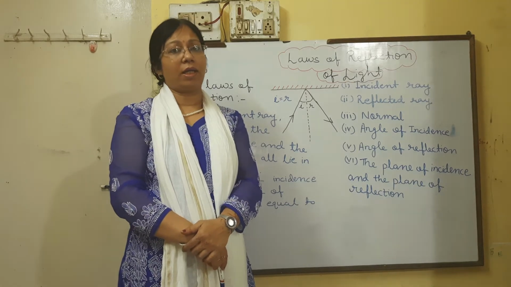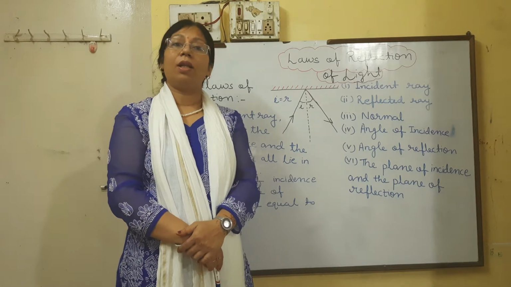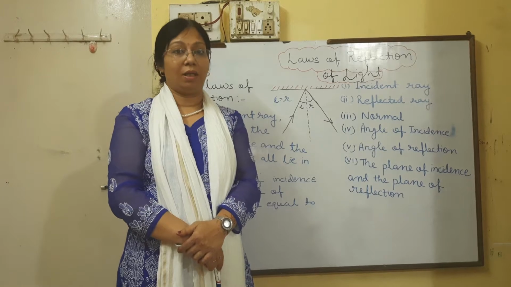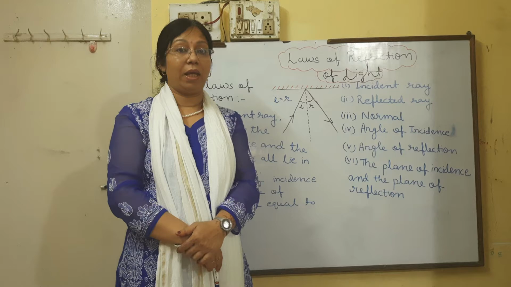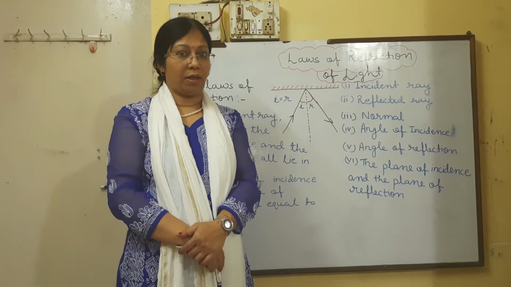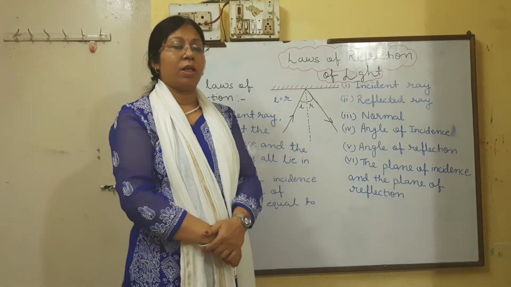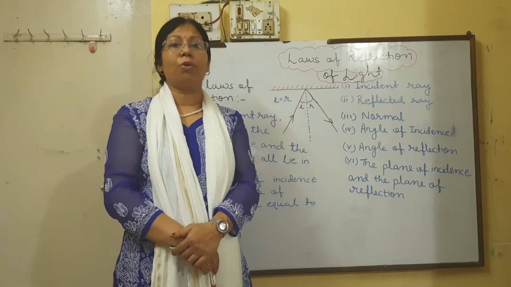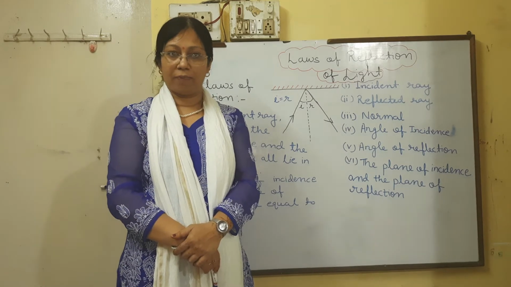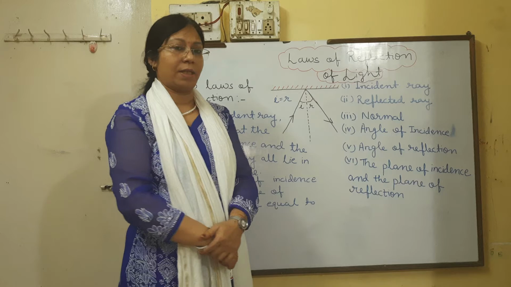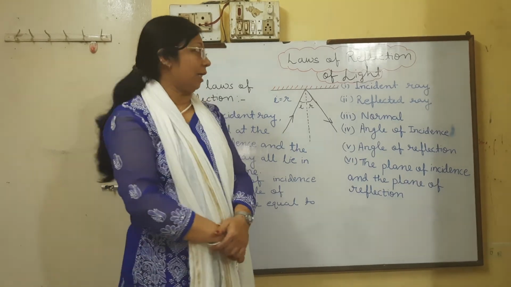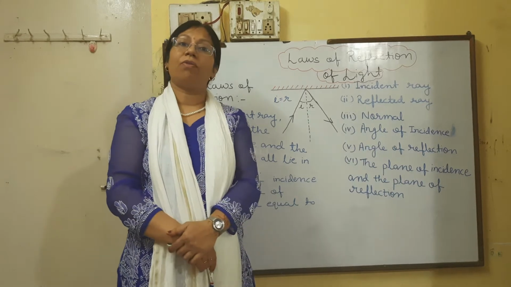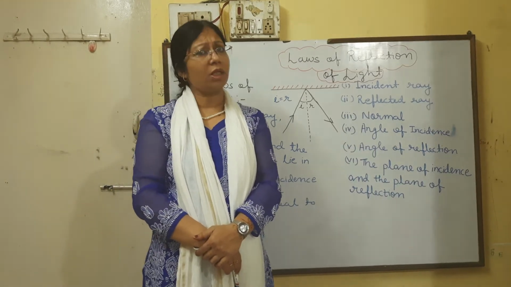This law is the same for all kinds of mirror. There are two types of mirror: plane mirror and spherical mirror. So this law is applicable for both types of mirror. And we will also understand the meaning of the different terms used in the reflection of light. So let's start.